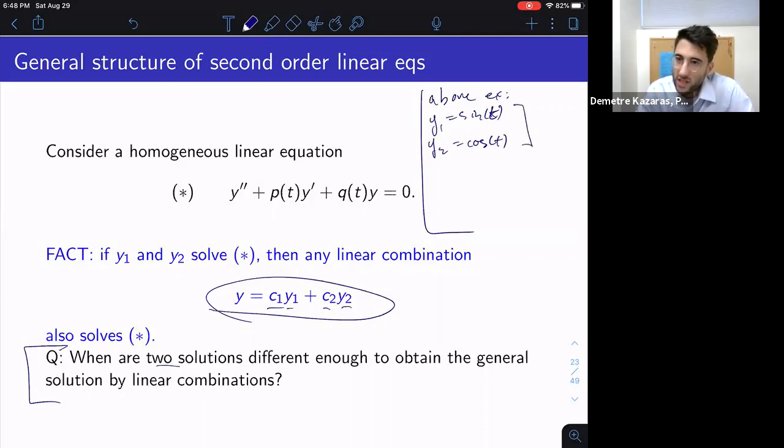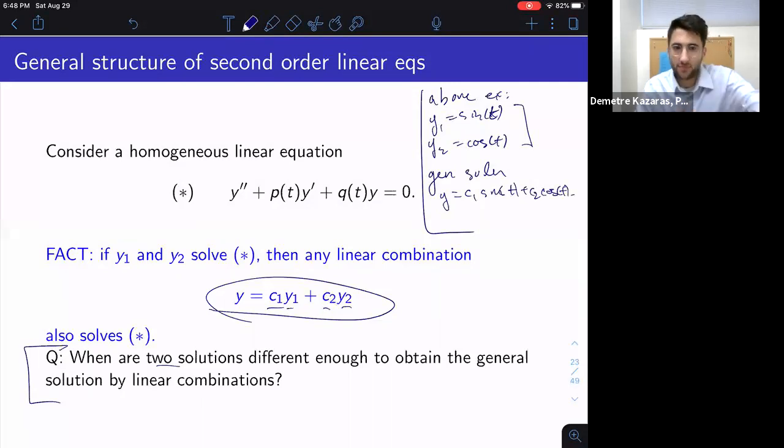These two functions are different enough to give you the general solution, which is just c1 times sine of t plus c2 times cosine of t. That's what the general solution is. So we obtained the general solution from linear combinations of two given solutions.